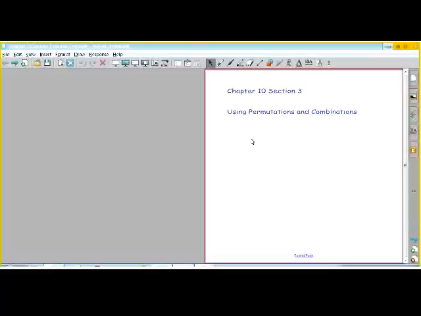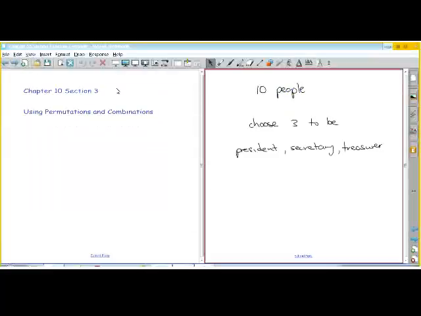But because they happen quite frequently, we give them special names. And there's a formula that allows you to evaluate the total number of arrangements if it's a permutation example or a combination example. So we have to be able to identify whether the question they're asking is a permutation question or a combination question.